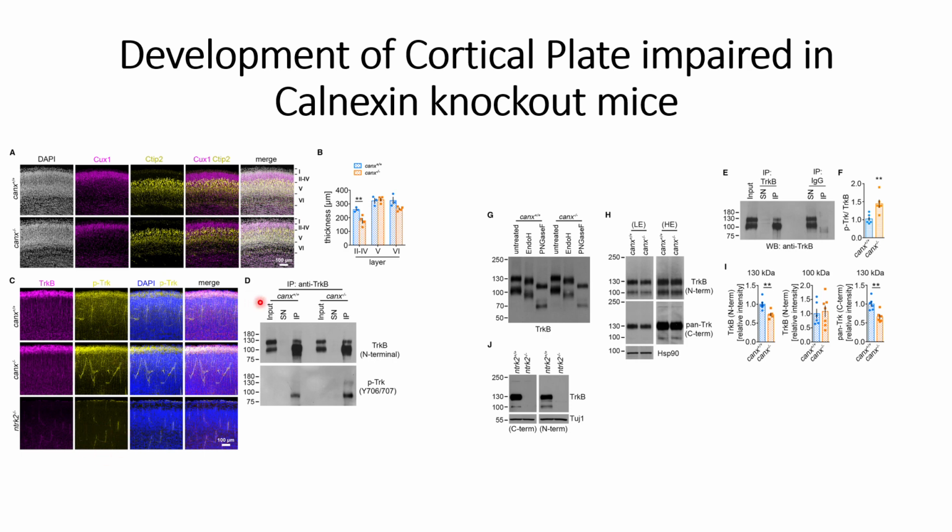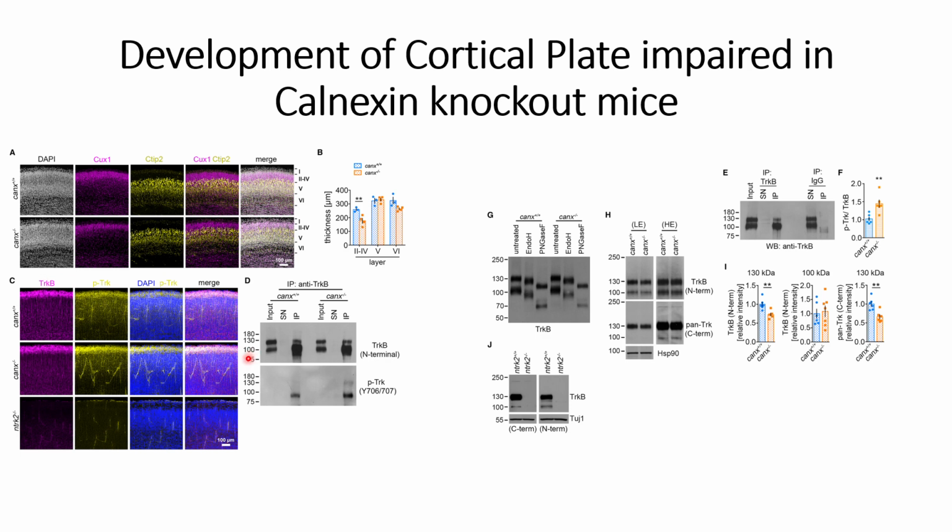When they do the immunoprecipitation assay against TRKB, they can find out that in the case where calnexin is present, they can see both forms of TRKB. One thing that we need to know is that phosphorylated TRKB has a molecular weight of around 100 kilodaltons, whereas cell surface TRKB has a molecular weight of around 130 kilodaltons.